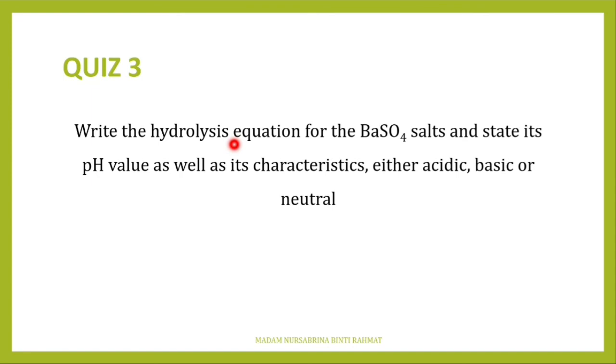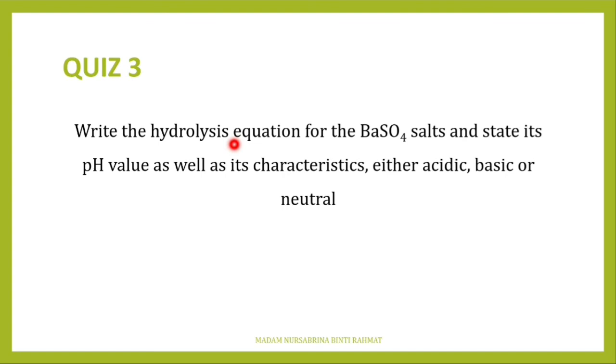Always start by breaking down your salt into its ions, which are the anions and cations, and identify which ions come from a strong acid or strong base and which ions come from a weak acid or weak base. Any ions that come from a strong acid or strong base will never hydrolyze again in water. But any ions that come from a weak acid or weak base will hydrolyze again in water.